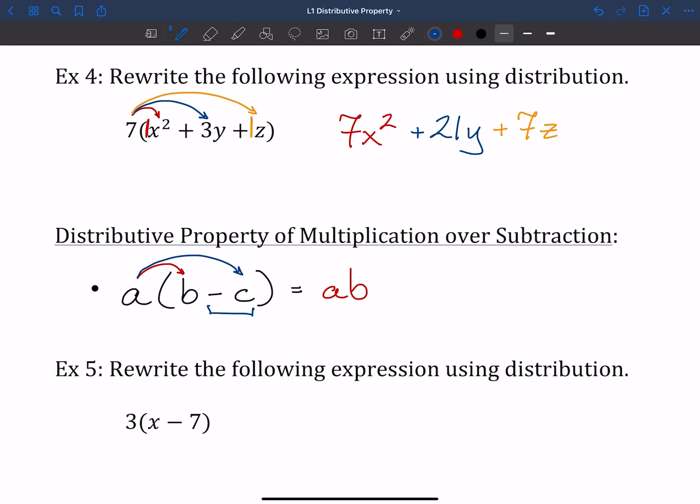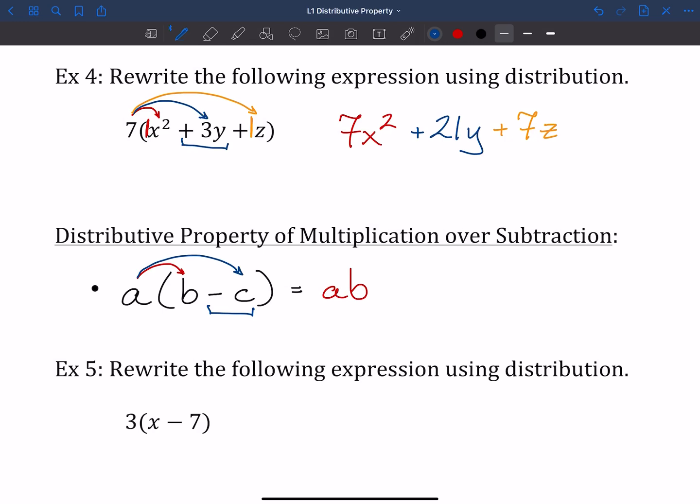You might have noticed that in the previous ones, when we did 3y in example 4 that's on the screen still, it had a plus sign, so it was a positive 3. That 7 on the outside times that positive 3 gave us positive 21. Same thing goes for that plus 1z. It was a positive 1, so it turned out to be positive 7 at the end when we multiply.